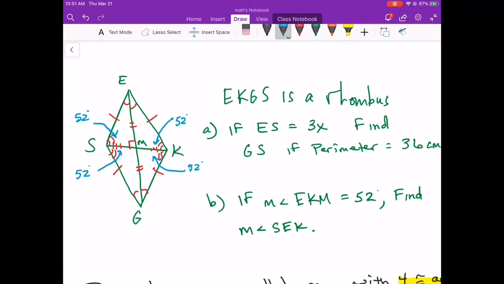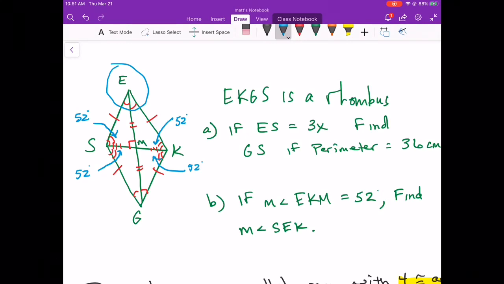So find SEK. SEK is this angle up here, which is kind of tricky. Now, let's see if we could just get a little bit focused here. We know it's not 52. We know it's not 52 times 2. But let's just see if we can pay attention and get this right. If you look at this triangle, ESM, this top left triangle, that's a right triangle.